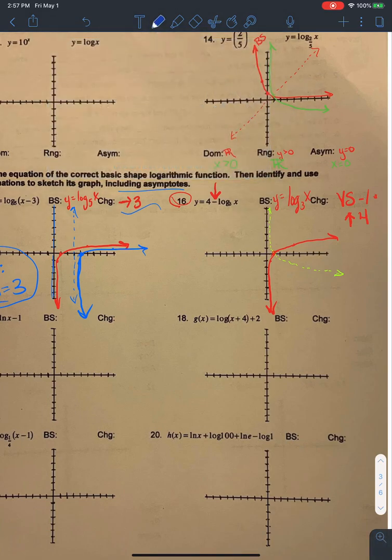Then I'm going to shift that up 4 units. So this point goes 1, 2, 3, 4 and becomes here. This point goes 1, 2, 3, 4, about right here. And about right here.